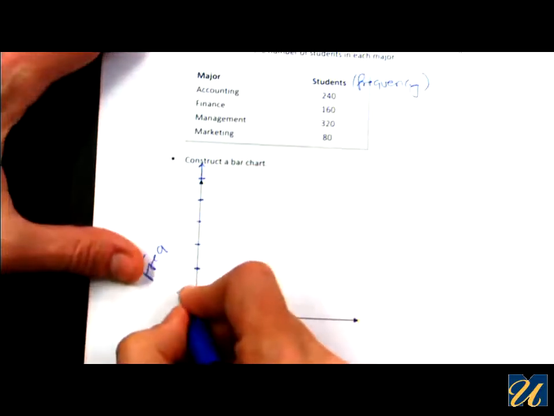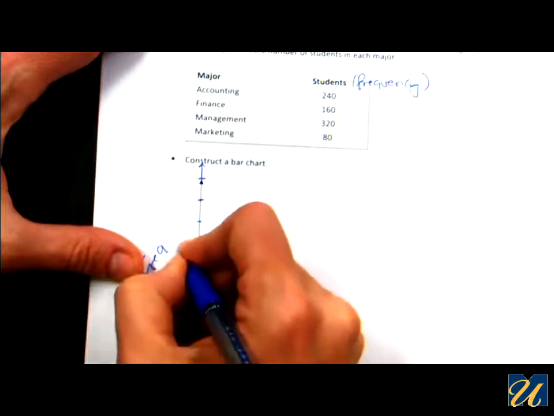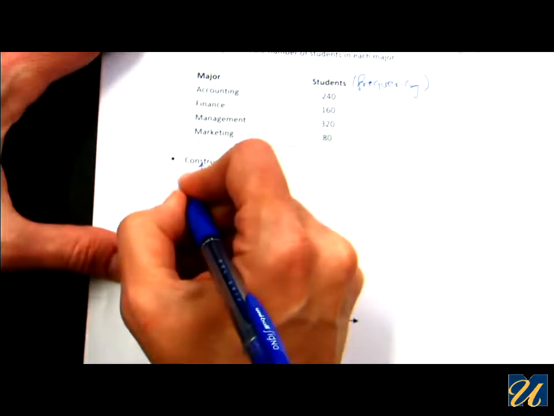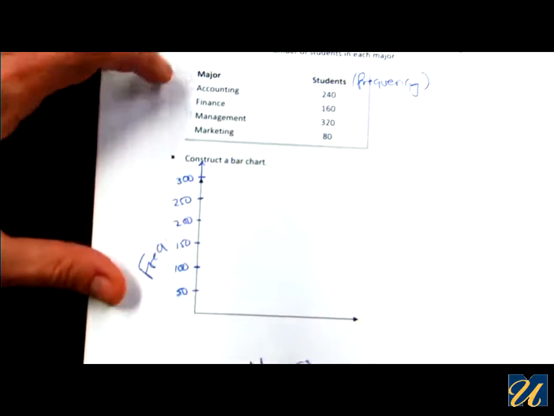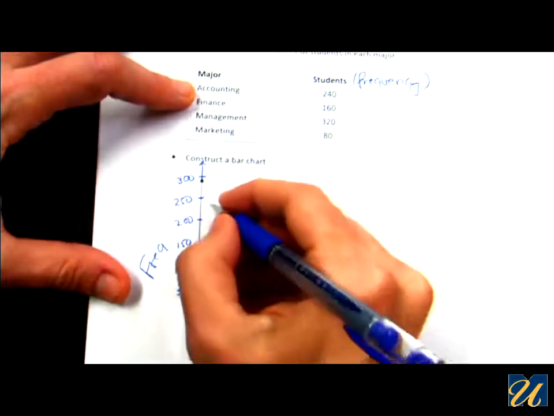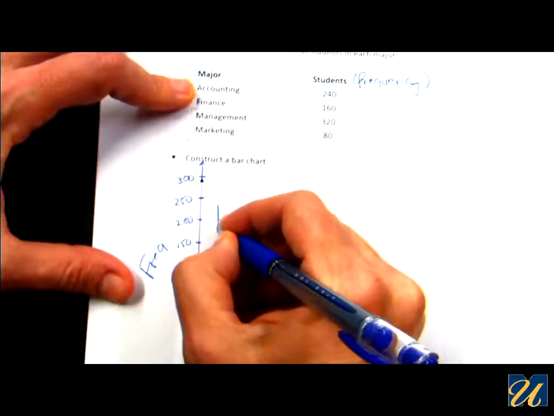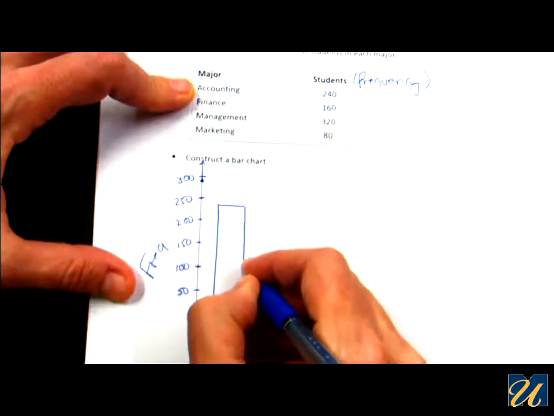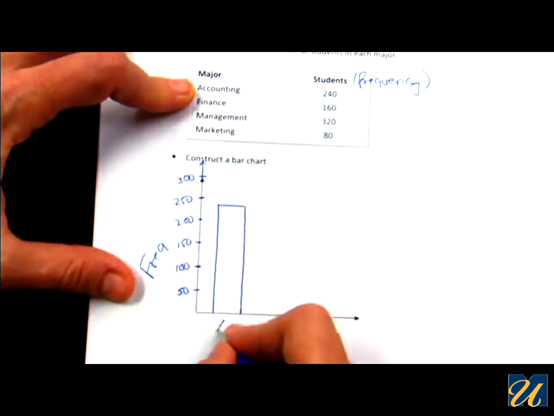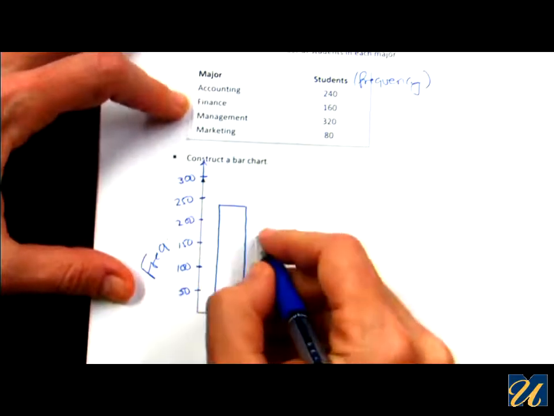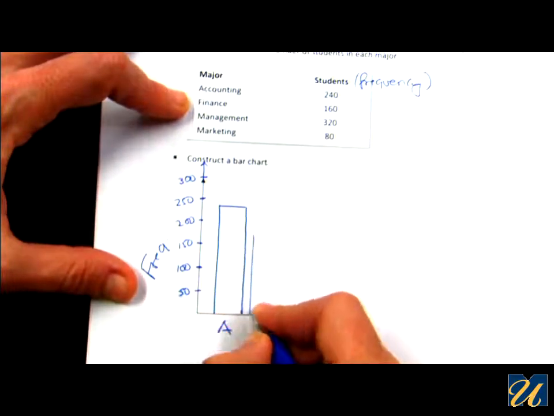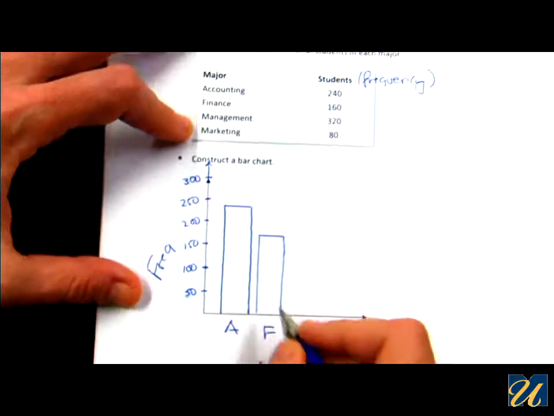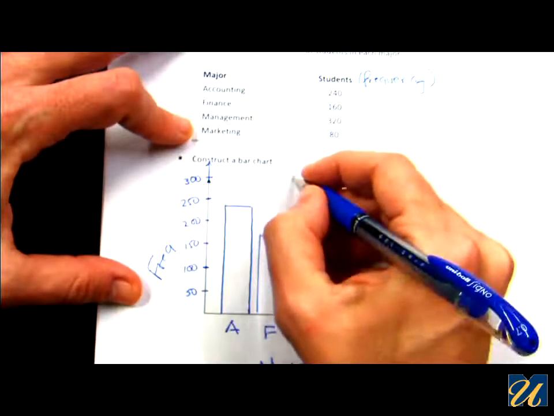So we have 50, 100, 150, 200, 250, 300. For accounting, we have 240. So it would be somewhere over here. Using the same order, once again, finance, 160. It would be somewhere over here. Management, 320.